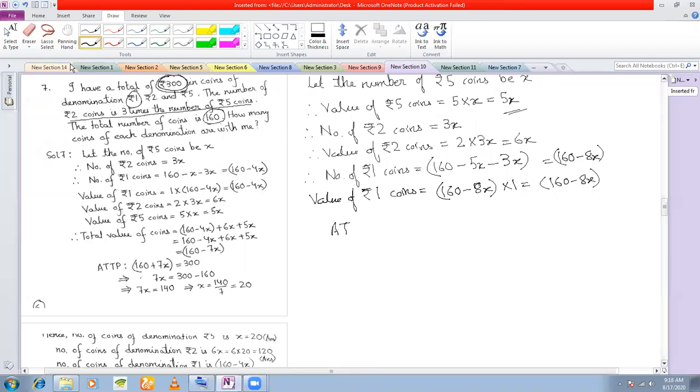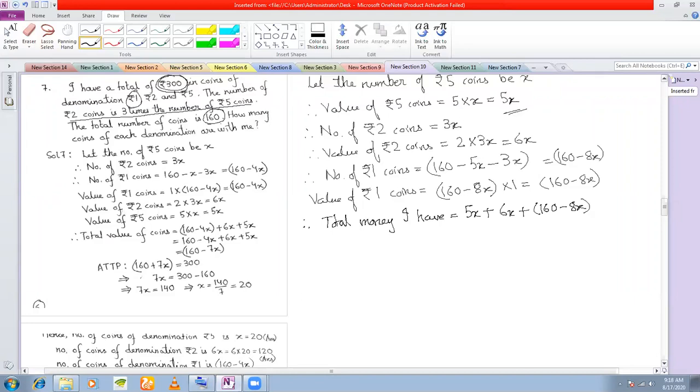Let's say the total money I have is equal to the value of 5 rupee coins, 5x, plus the value of 2 rupee coins, 6x, plus the value of rupee 1 coins.